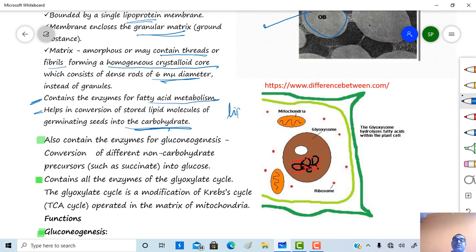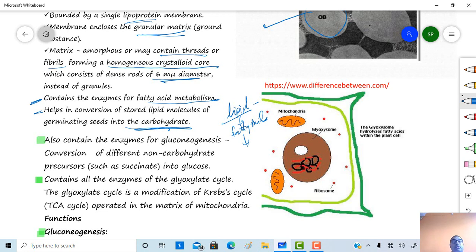So the lipids, which act as a respiratory substrate during respiration, are first broken down into fatty acids, and fatty acids are broken down into either organic acids or carbohydrate.